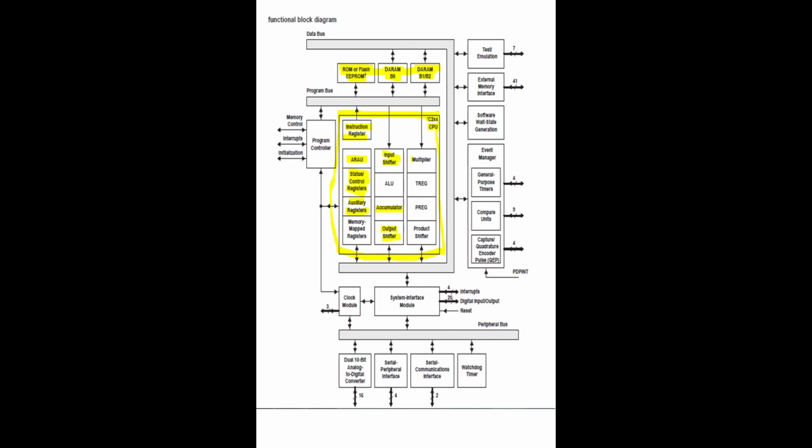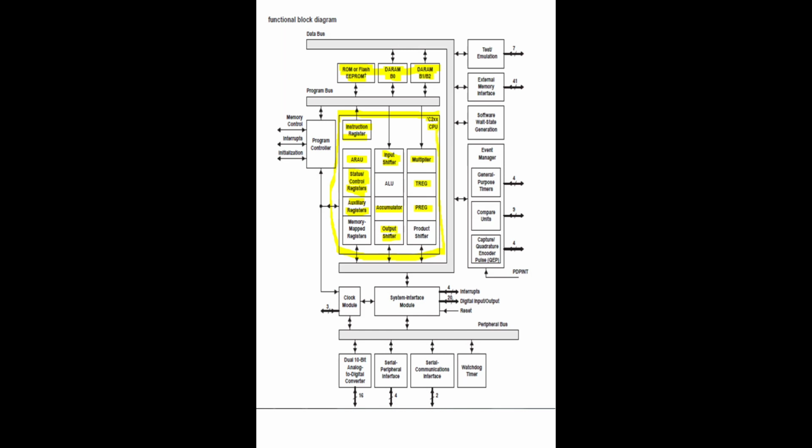And then multiplier. The multiplier is nothing but which will multiply. It consists of a 16 cross 16 multiplier, and it has TREG. TREG means temporary register, and PREG, product register. The multiplier gives you a 16 cross 16 output.